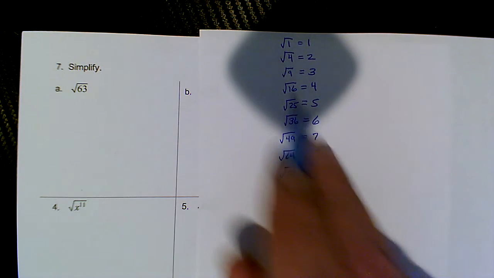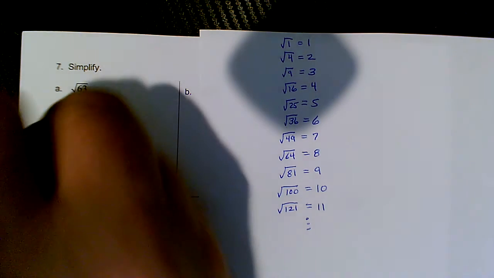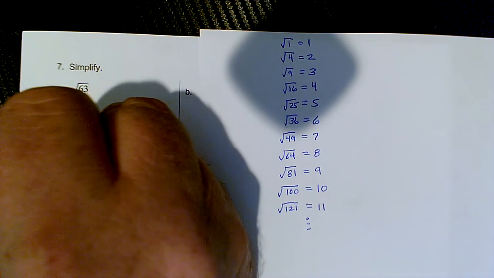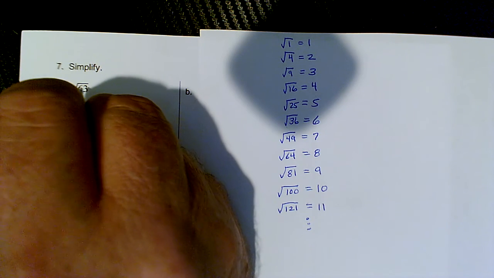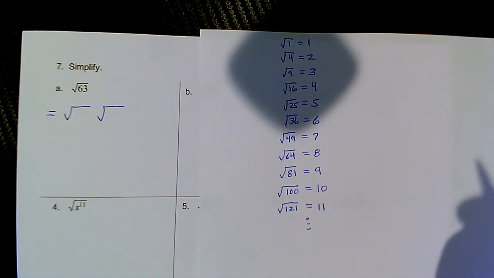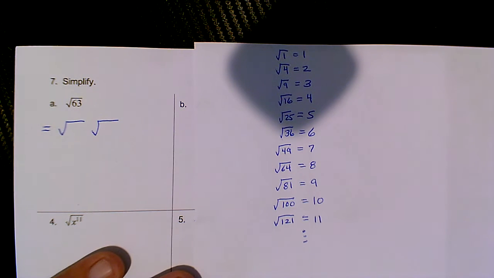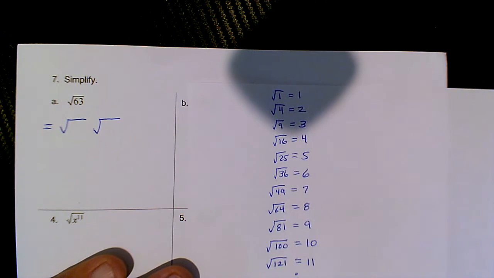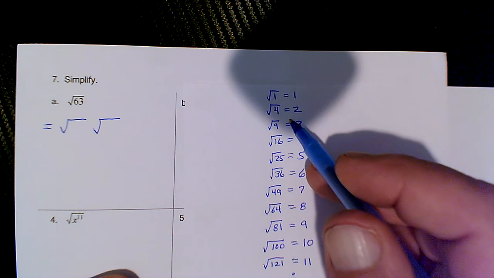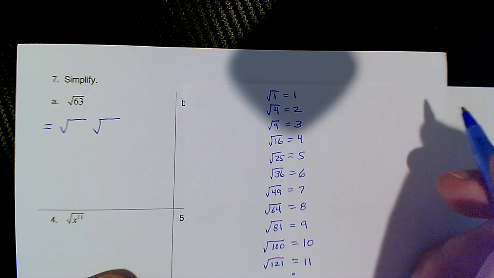Here's my list. So what I'll do is I'll consider breaking this down into the product of two square roots, the first of which is the largest number that is a factor of 63 that is a perfect square. And a nice easy method is to consider just working your way, finding the number amongst the list and working your way up the chart until you find the number that divides evenly into it.